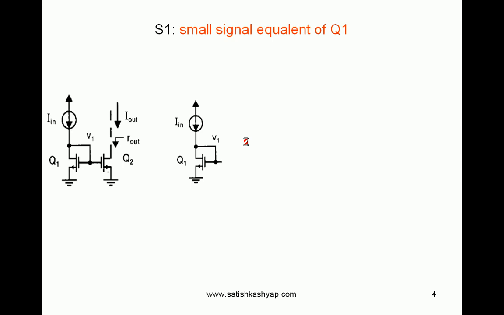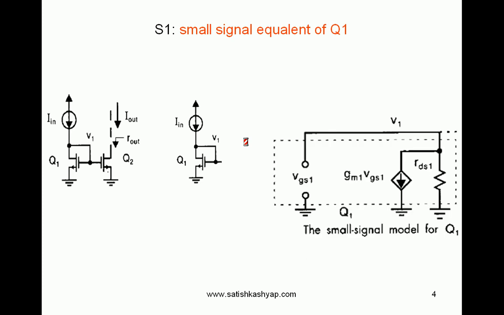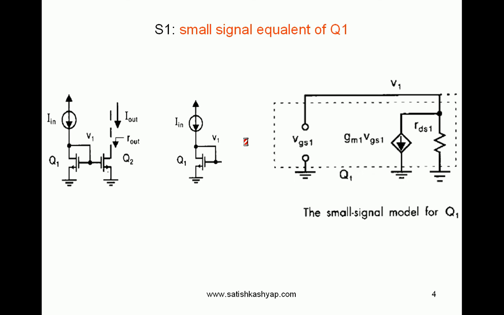A reference current Iin is flowing into Q1. Q1 is nothing but diode connected transistor whose gate and drain are going to be shorted. So for this one we have to write the equivalent model and we have to replace this one with equivalent circuit. This is small signal model for Q1.